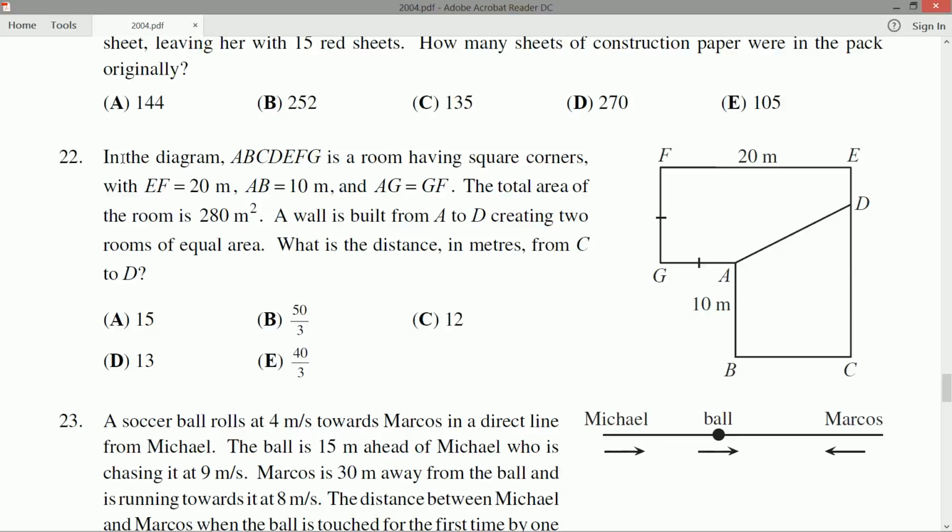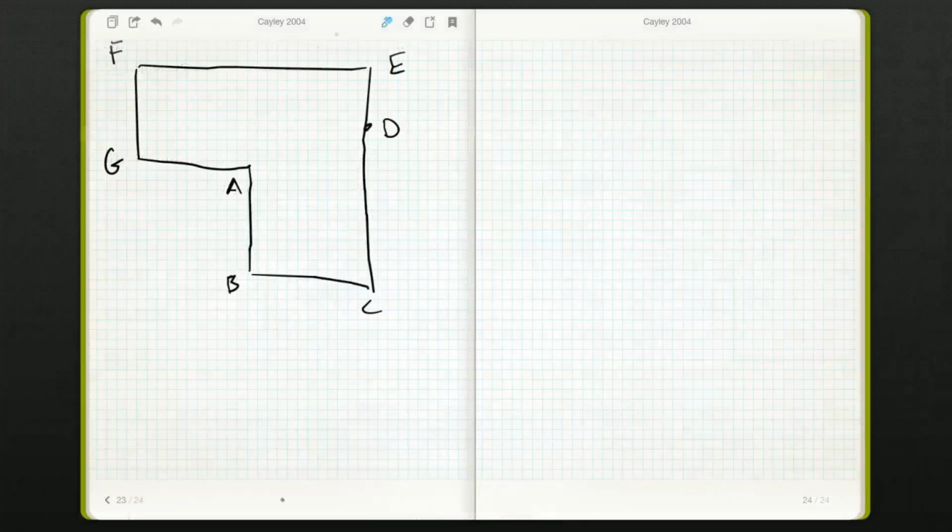AB is 10, EF is 20. And these are the same, and we've got this special length here, dividing the two rooms in half. And we're told we have square corners. So we'll put these right angles everywhere in here, and that might help us.